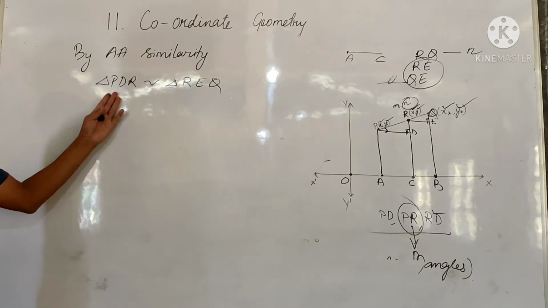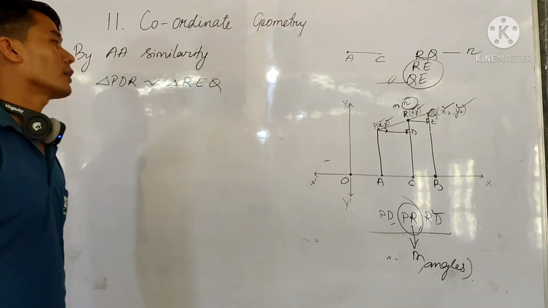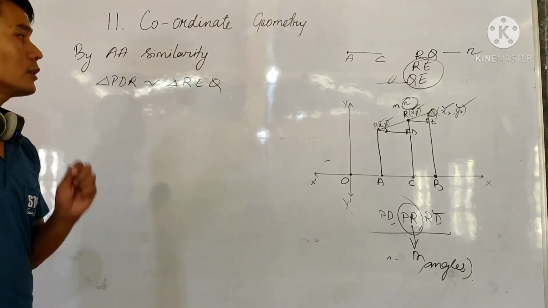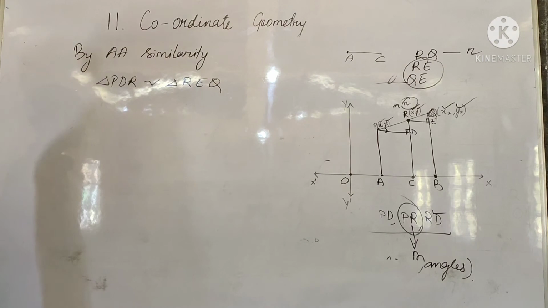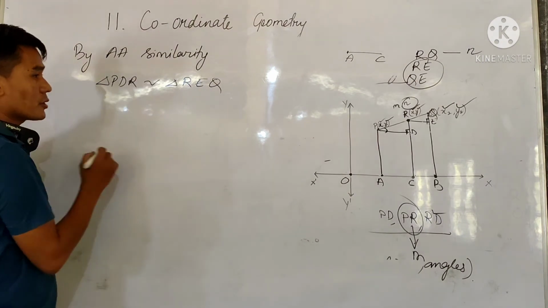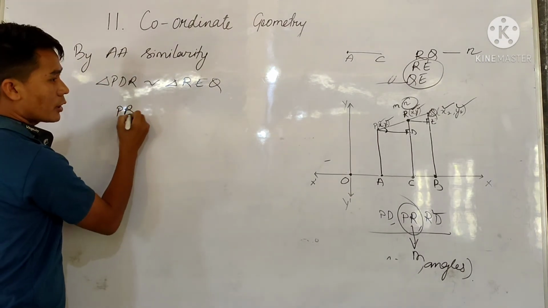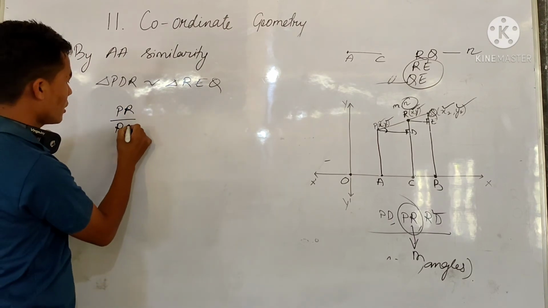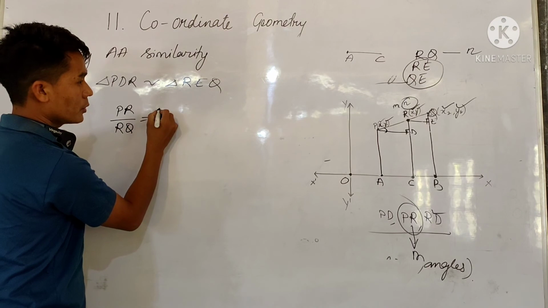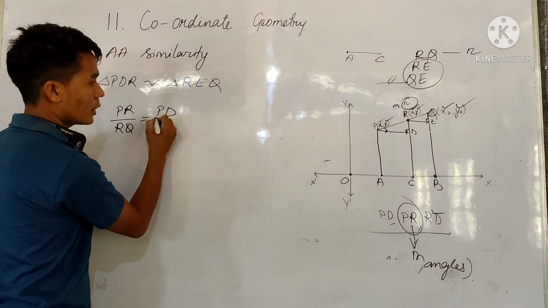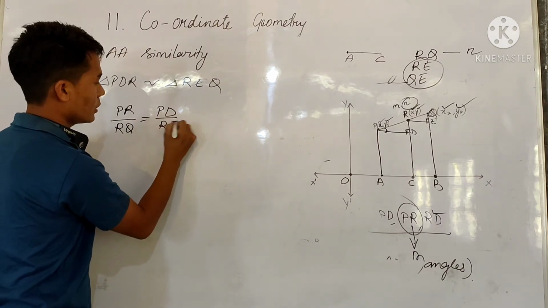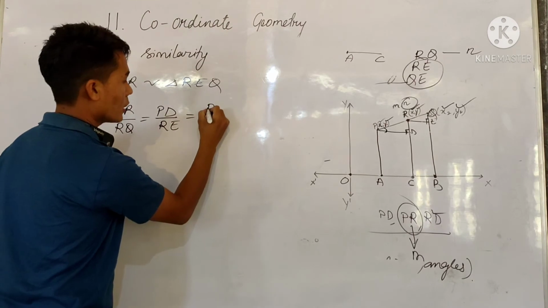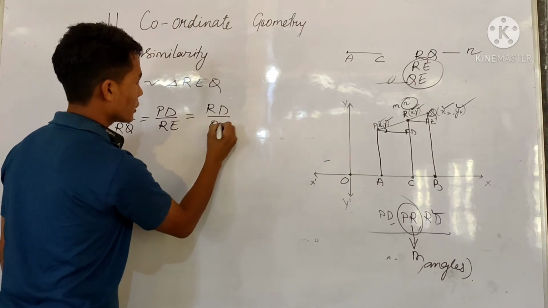If any two triangles are similar, then their corresponding sides are in the same ratio. So for the first triangle, we'll take PR by RQ equal to PD by RE equals RD by QE.